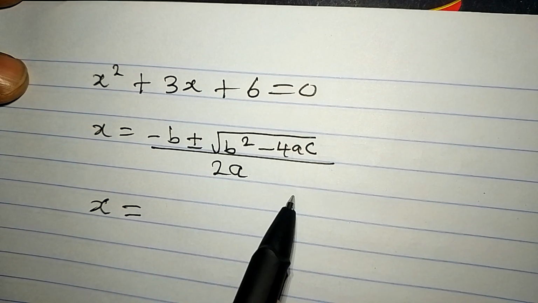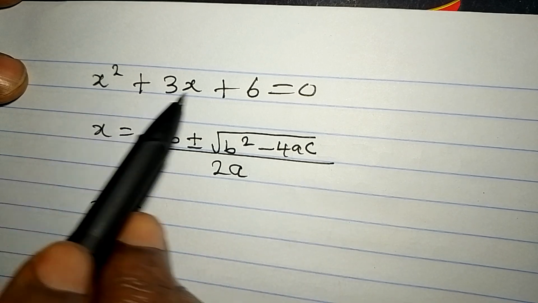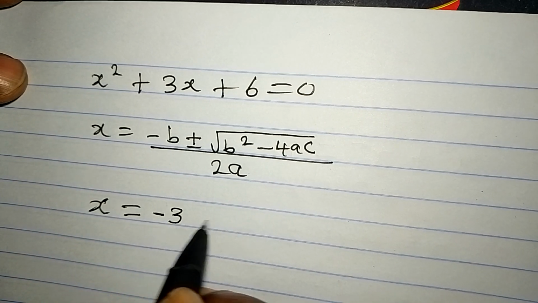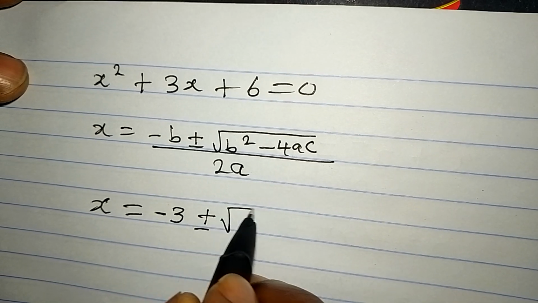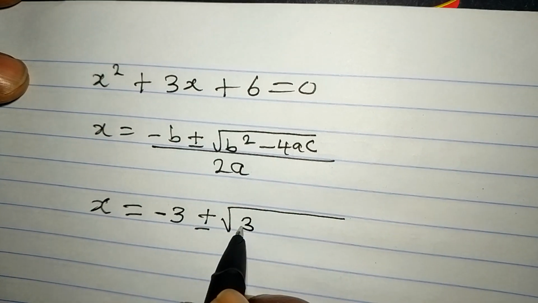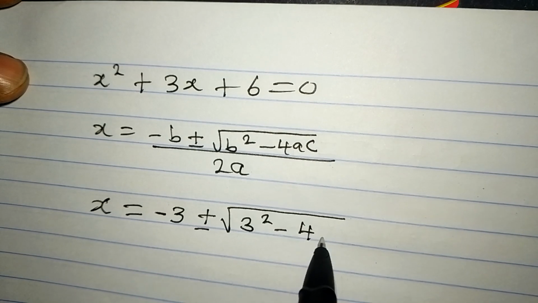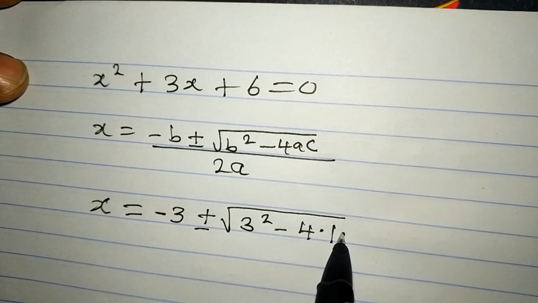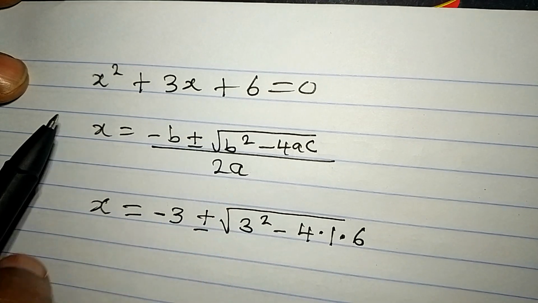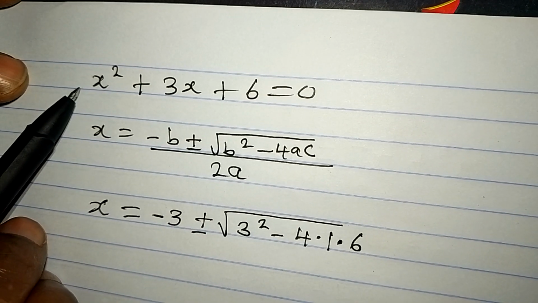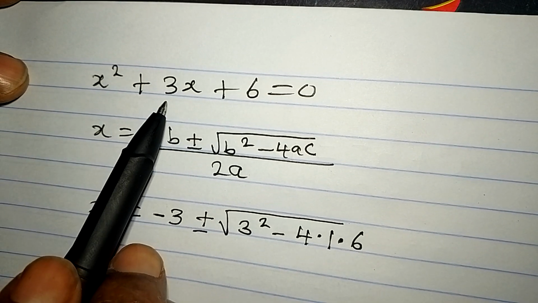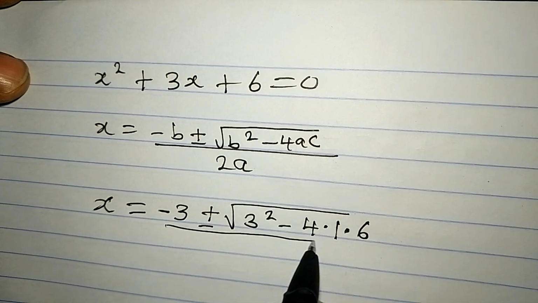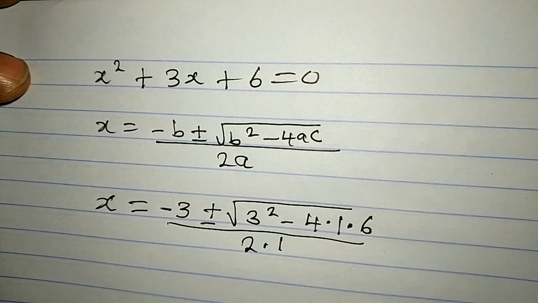Okay, so this is the formula, and from this equation, our b is 3. So we have minus 3 plus or minus square root of b squared becomes 3 squared minus 4 times a is 1, and then c is 6, because a is the coefficient of x squared, b is the coefficient of x, and c is the constant, which is 6. Now the whole of this will be over 2 times a, which is 1.